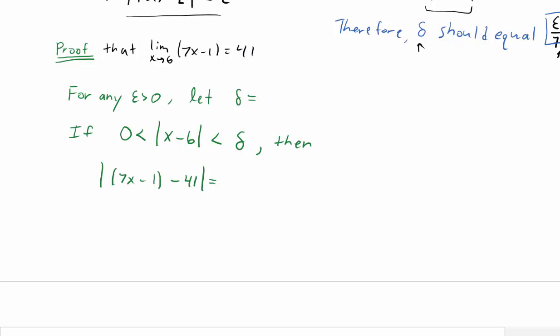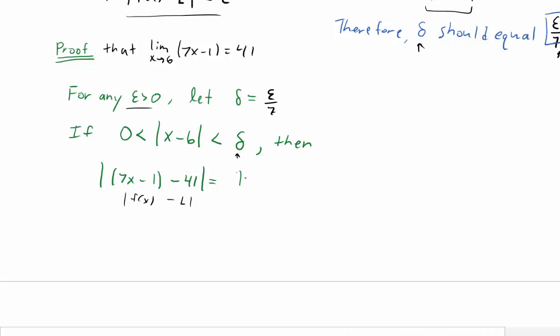That the limit as x approaches 6 of 7x minus 1 equals 41. We have to show that for any epsilon greater than 0, if we let delta equal epsilon over 7, then whenever the absolute value of x minus 6 is less than epsilon over 7, if that's true, then we want to show that the absolute value of f of x minus L is less than epsilon.